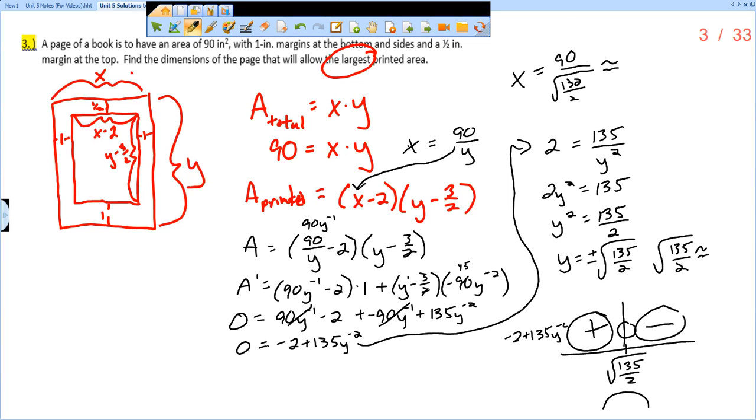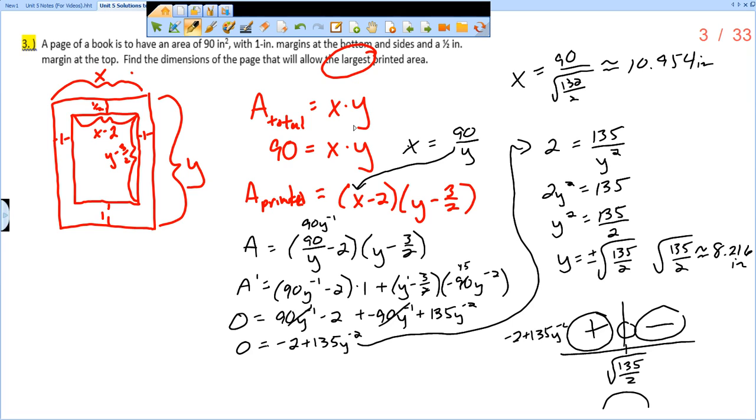The square root of 135 over 2 gives me that y is approximately 8.216, and this would be inches. Then I'm going to take 90 divided by that value to get the x, which is approximately 10.954 inches.